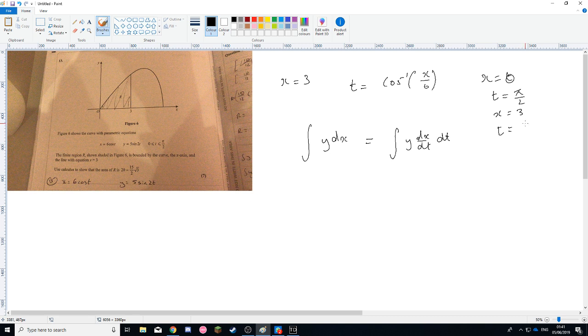Yeah, it's at 60 degrees, so that's pi over 3. Yeah, that works.